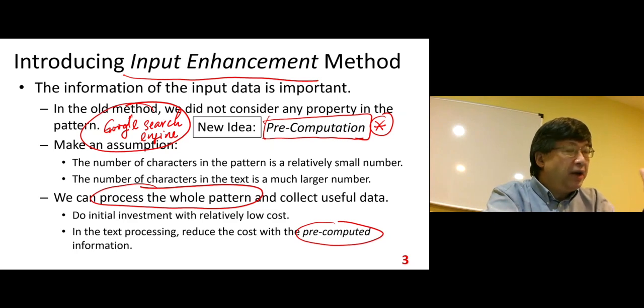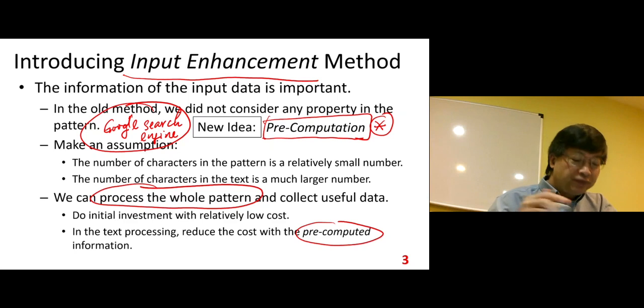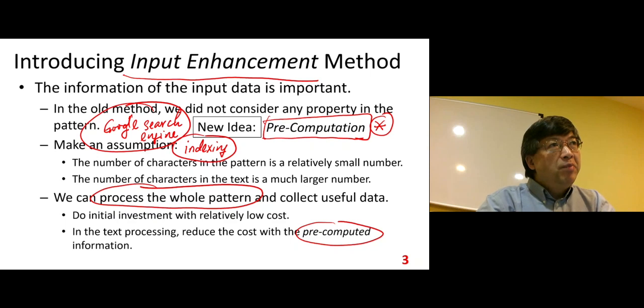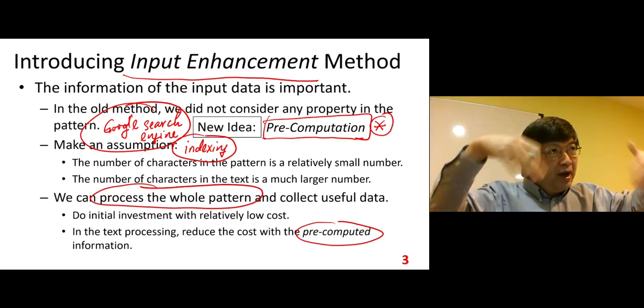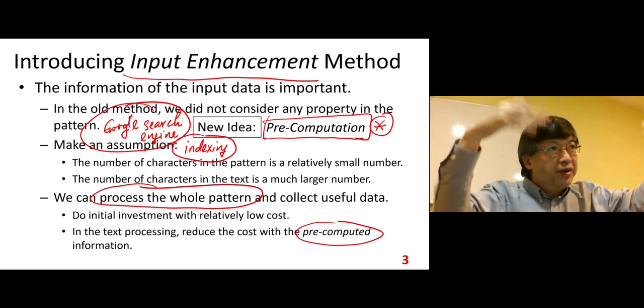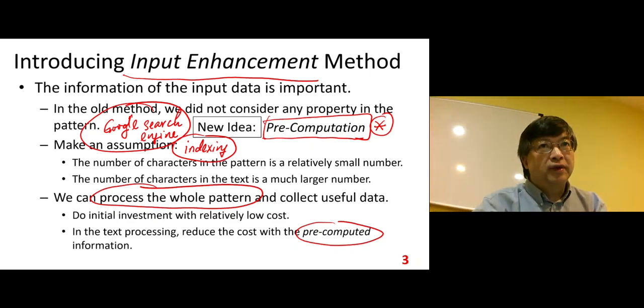The basic idea is pre-computation. So how to do that? There is a step called indexing. In Google, the pre-computation is indexing. Before you click the search button, the Google servers do indexing first.